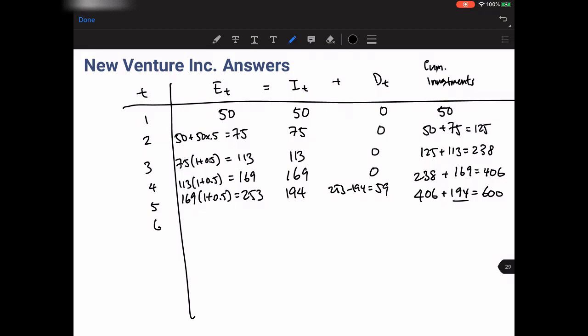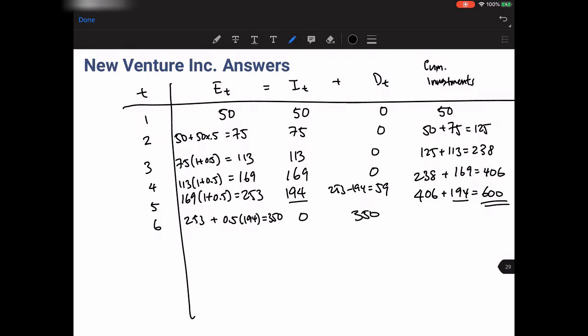In year 6, we get 253 plus only 50% on 194, right? Because of the previous period. And that's going to give us 350. Starting in year 6, we will no longer invest because we hit the cap in the previous year. And therefore our dividends will be 350.